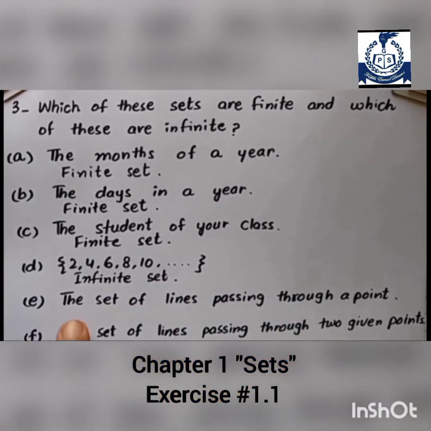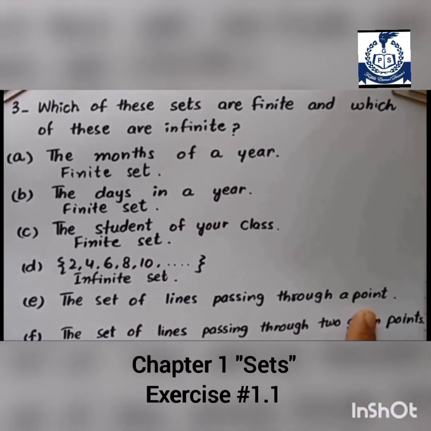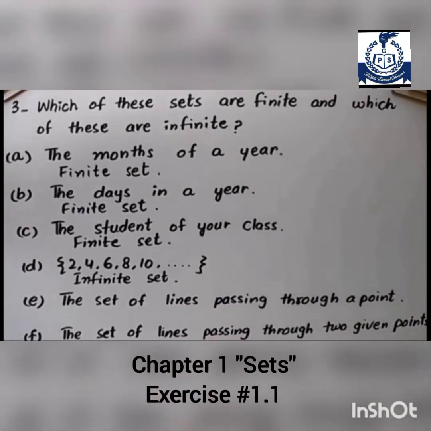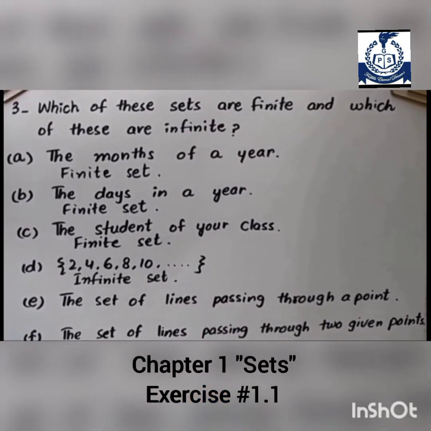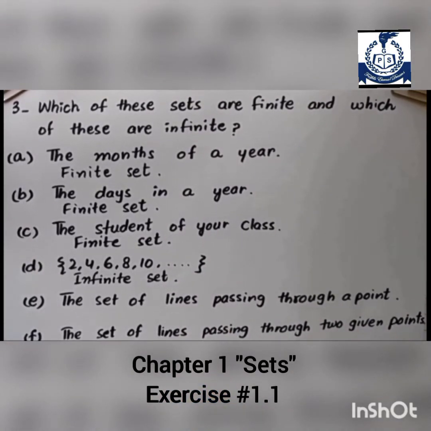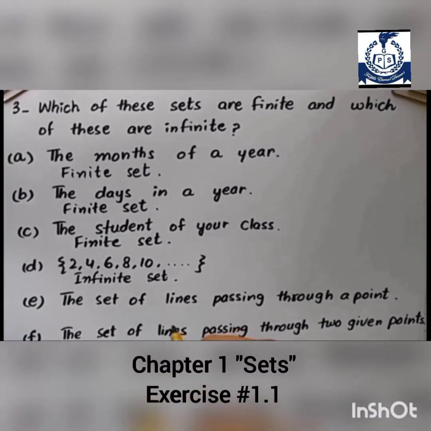Infinite set. Part number E is the set of lines passing through a point. Set of lines which pass through a point. So we don't know a point and we don't know which line passes from which point, so this is infinite set.